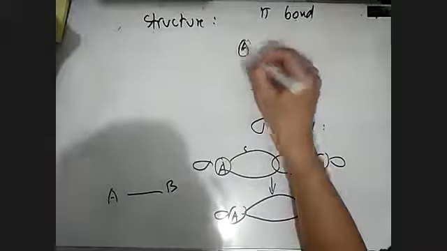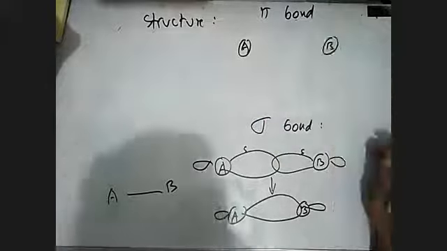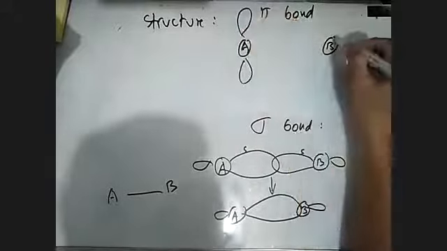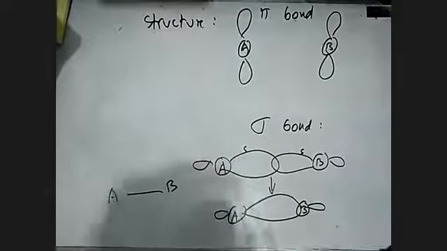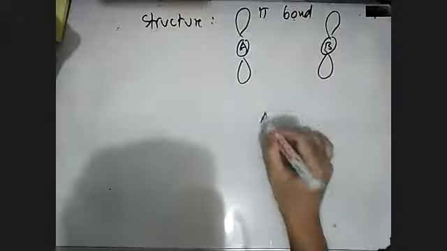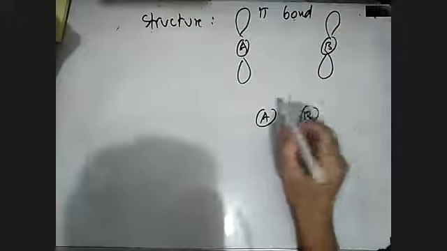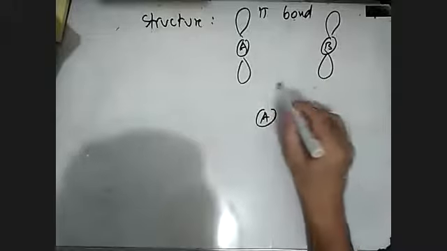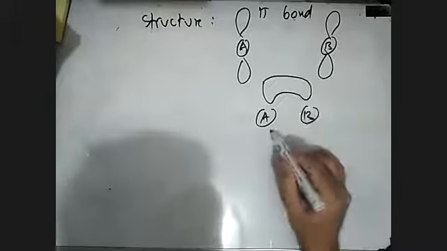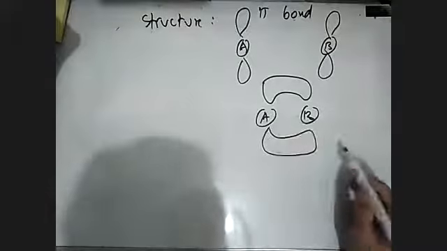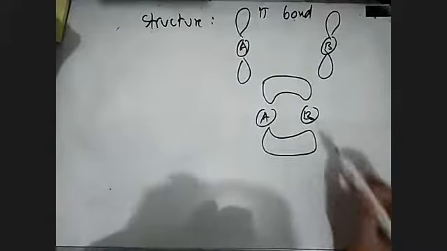Now, if we have nucleus A and nucleus B, each of them has an orbital perpendicular to them, here and there. If A and B are joined together, close enough, then the orbitals of A and B are going to merge. I'm not very good at sketching, but just think of them as being close together and merging.